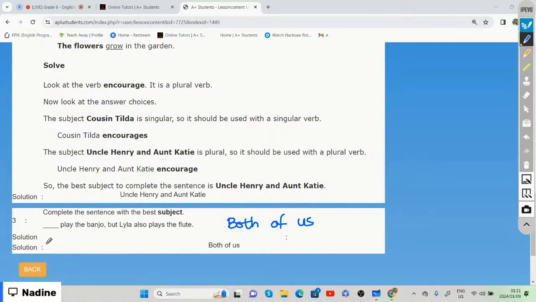Both of us play the banjo, but Layla also plays the flute. Are we referring to one person or more than one person?